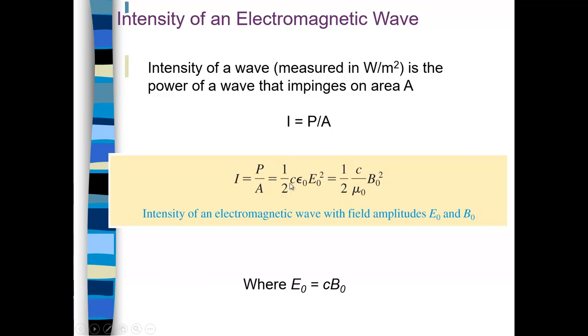That is equal to 1/2 times the speed of light times the emissivity constant times the electric wave squared. And if we recognize that this is just equal to C times B, okay, then this becomes 1/2 C times B naught squared divided by mu sub 0, which is our permittivity constant. Okay, so the intensity then relates to the electric field and the magnetic field.